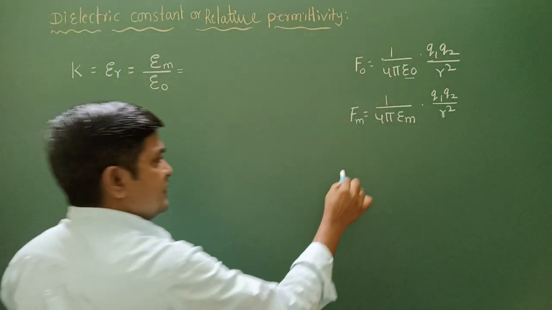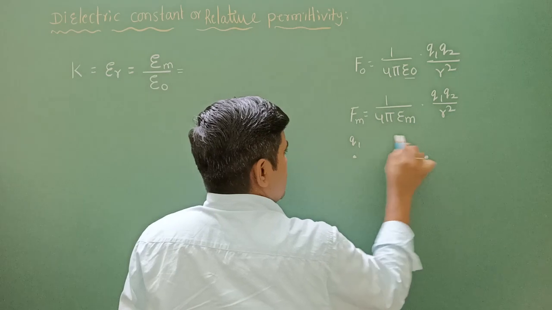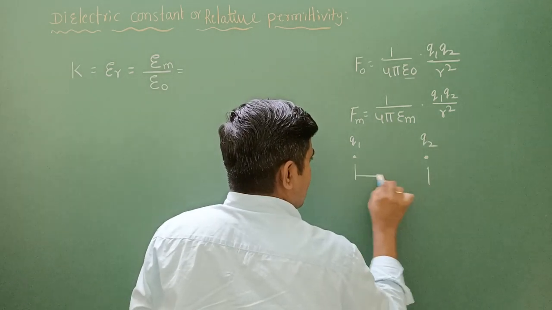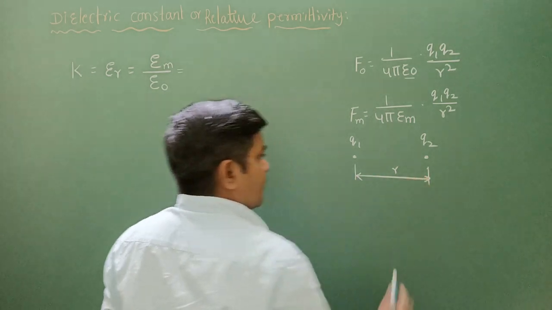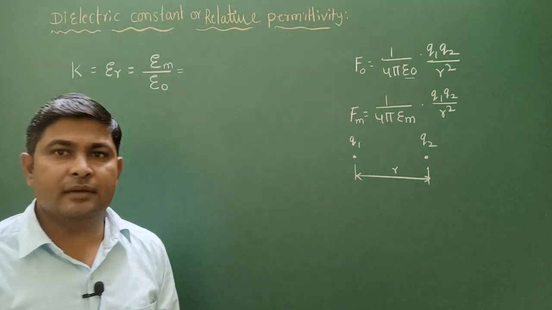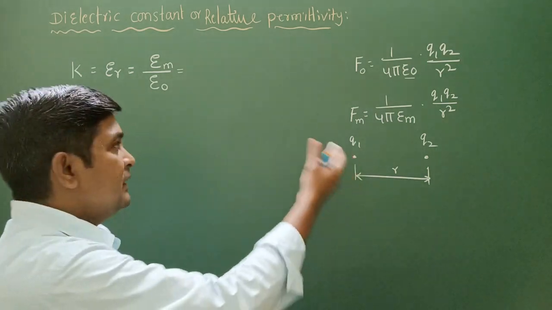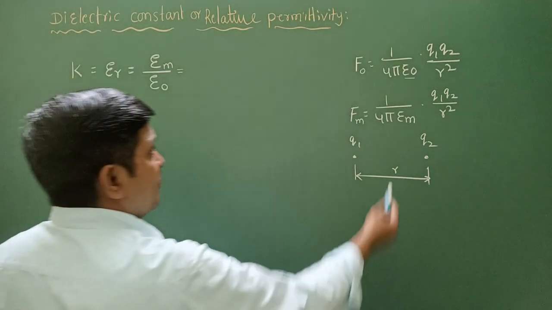If the two charges q1 q2 are placed at the same distance in the vacuum or in the medium, what is going to be their force ratio? That will be given by this dielectric constant or relative permittivity.